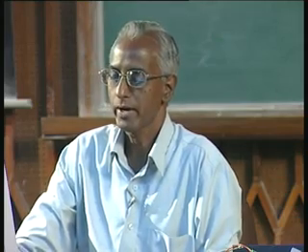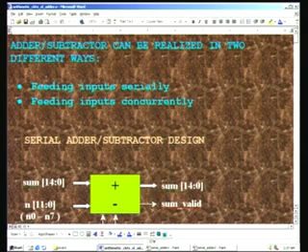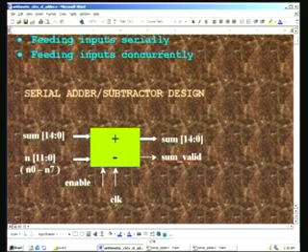Suppose we wish to add 12 bit numbers, 8 of them, and each of them is a signed number. In essence what we are doing is add or subtract, and this is our goal, and this can be realized in 2 different ways. One is you can feed the inputs serially, one after another. For example, we have 8 inputs, let us say here in this block diagram, which does the addition or subtraction.